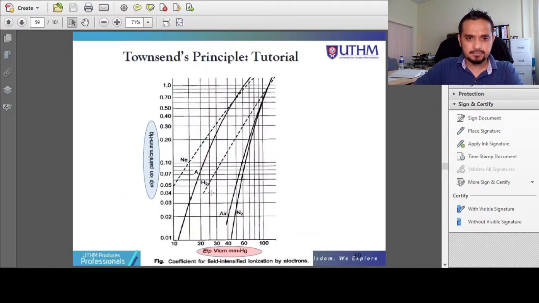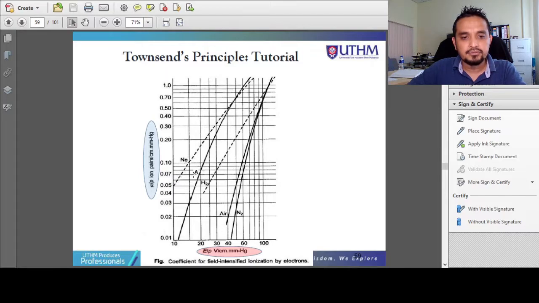Okay, in this case, 0.069. Let's work together. This is 0.01, 0.02, 3, 4, 5, and 6.9. So 0.069 is almost 7.